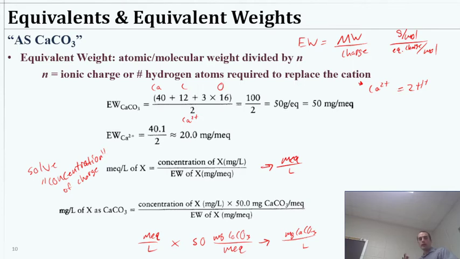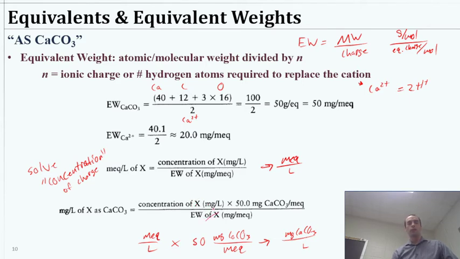Okay, so putting that together, we can then do milligrams of X as CaCO3, and all we have to do is take the concentration of X in milligrams per liter and multiply that by the 50 milligrams per milliequivalent of CaCO3, and divide all that by the equivalent weight of X. That's going to get rid of the X in the milligrams, right?